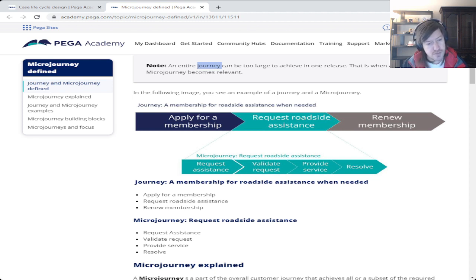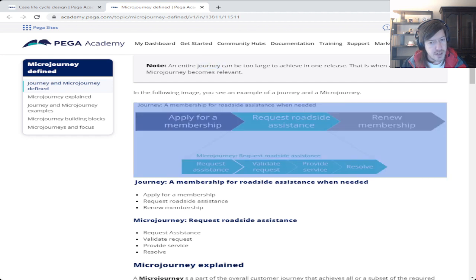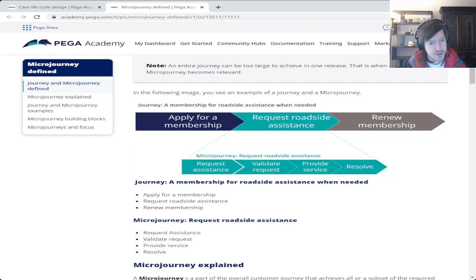This is what's kind of throwing me off, because the top portion, apply for membership, request roadside assistance, and renew membership, could be done in one case type.